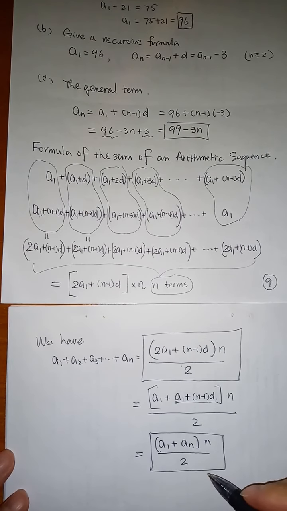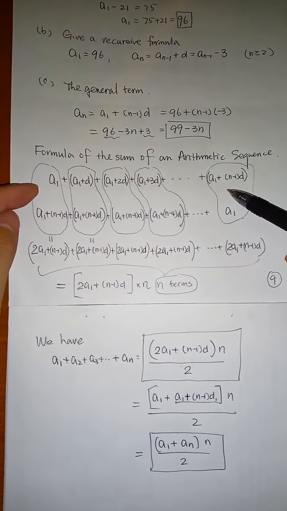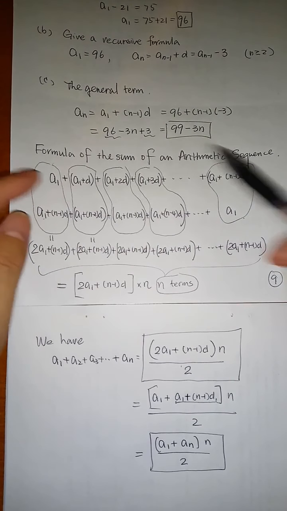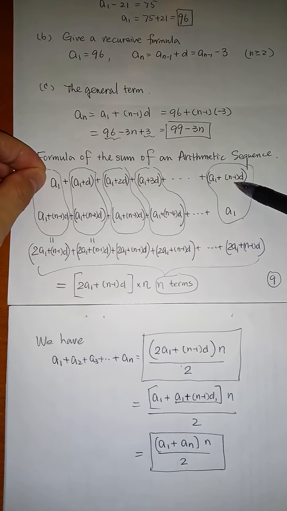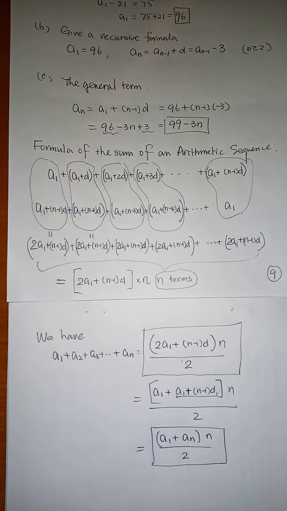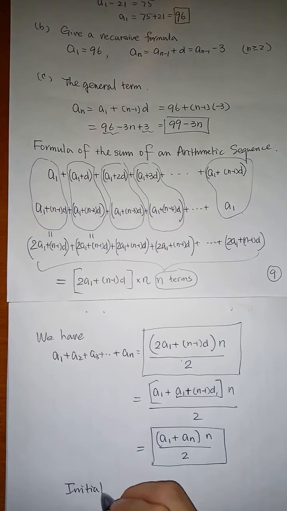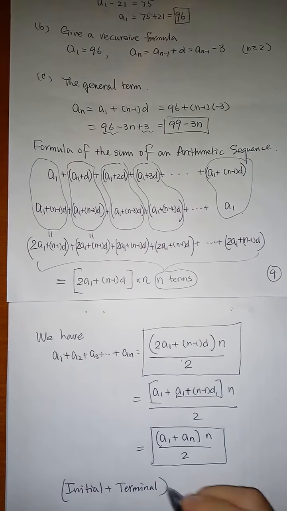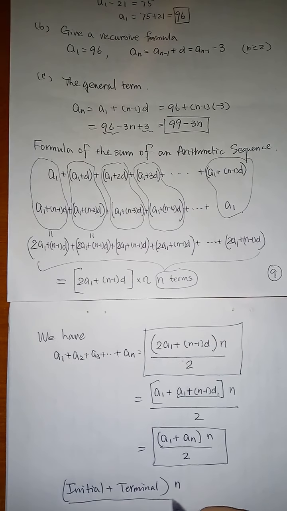So the second formula tells us if you have an arithmetic sequence, you want to add them. You pick up the initial term, you pick up the terminal term, you add them times n divided by 2. Okay, so initial plus terminal times n. n means how many numbers you have, times n over 2 is the sum.